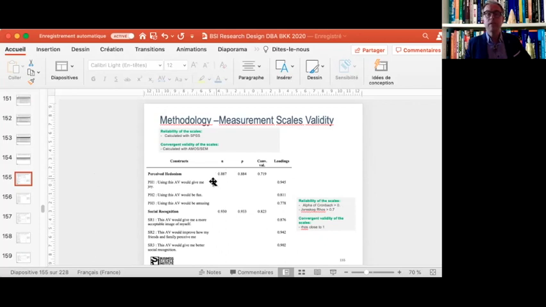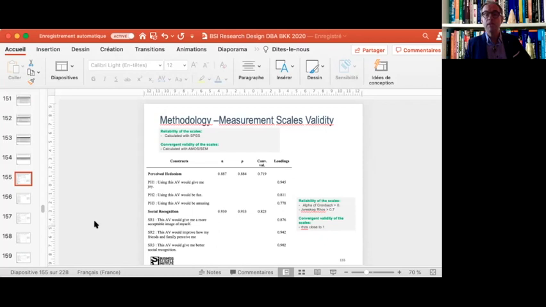So you can see here that for perceived hedonism it's 0.88, almost 0.9, and the Jöreskog rho is also higher than 0.7, 0.88. You can see for social recognition, the indicators are high too, 0.93. So the reliability of both scales is very good.